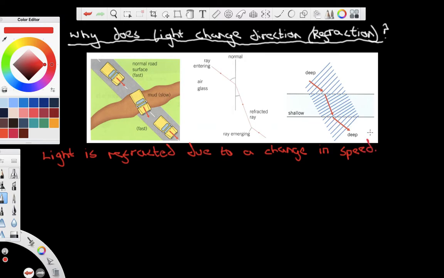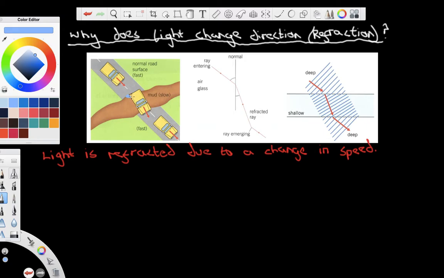Okay? So I want you to imagine that there's a truck driving along a normal road surface. This truck is moving fast on the normal tarmac. However, once it hits the mud, the wheels on the truck are going to turn more slowly. Now, because this mud patch is at an angle, this part of the wheel is going to hit first.